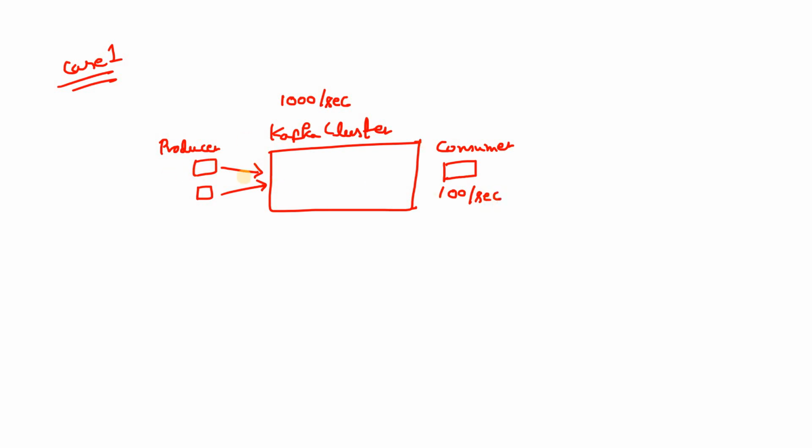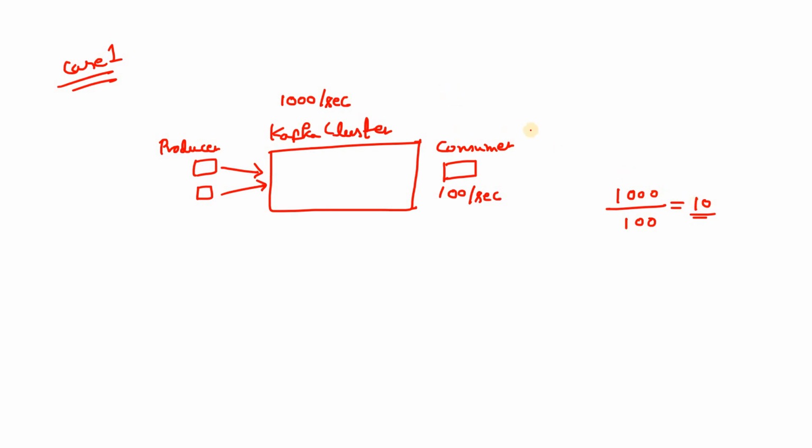From this scenario you can understand that we might need to run 10 consumers in parallel, because 1000 is our incoming message speed per second and one consumer is processing at 100 messages per second. With a simple calculation, we get 10.